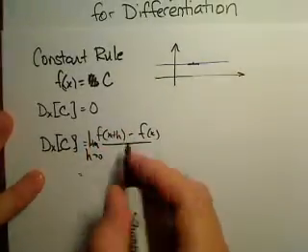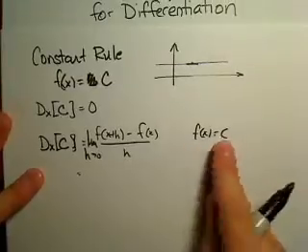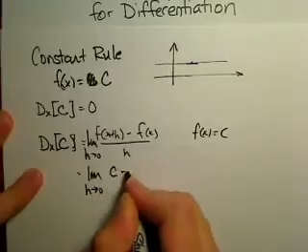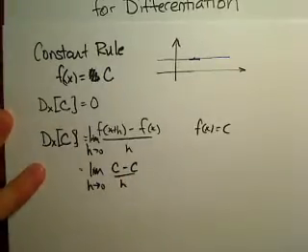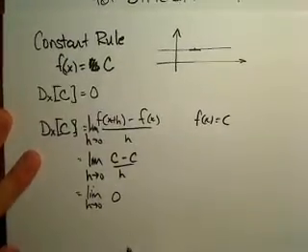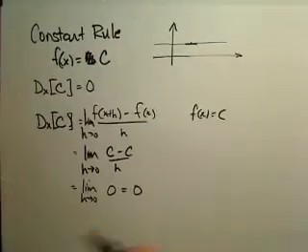But if f of x is just always going to give us c, well, we replace all the x's. Well, there's no x's to replace, and so the limit we're looking at here is c minus c over h. So we're looking at the limit of 0. Well, at least this is the same as 0 when h isn't 0. So it's 0. Voila.